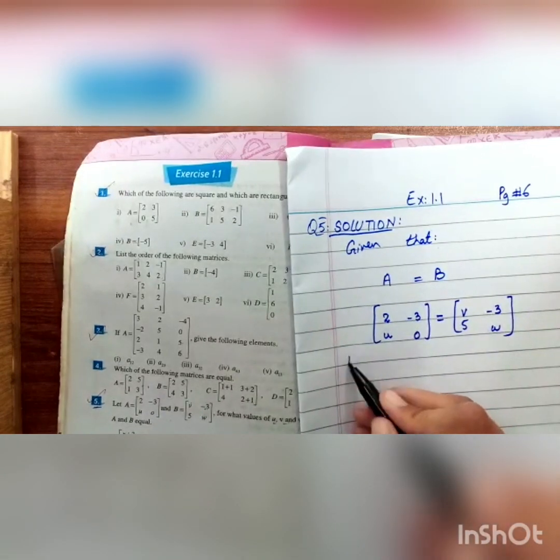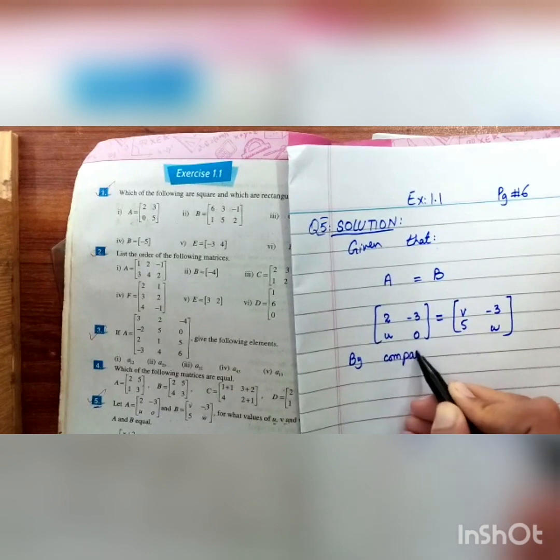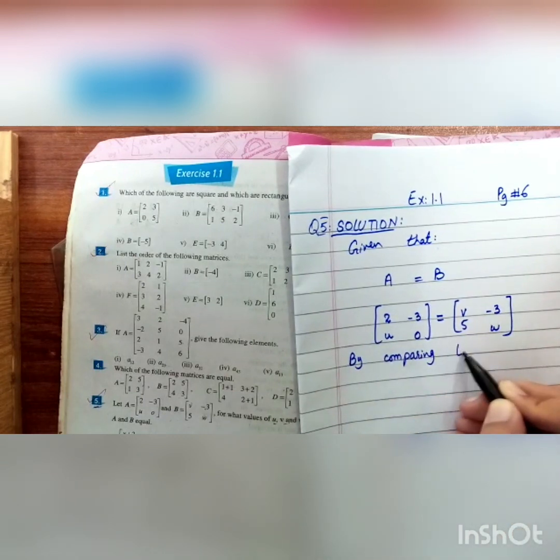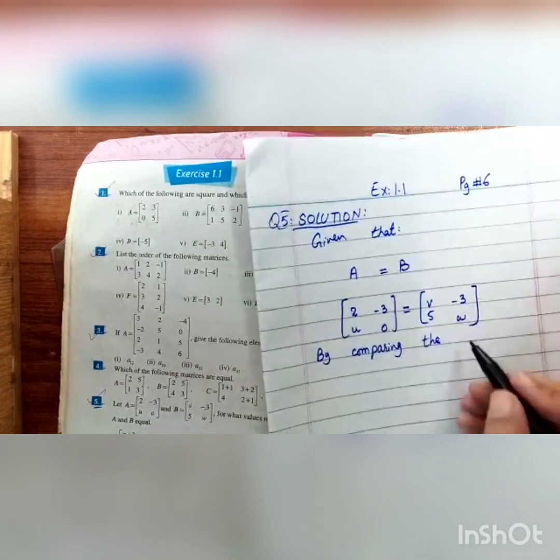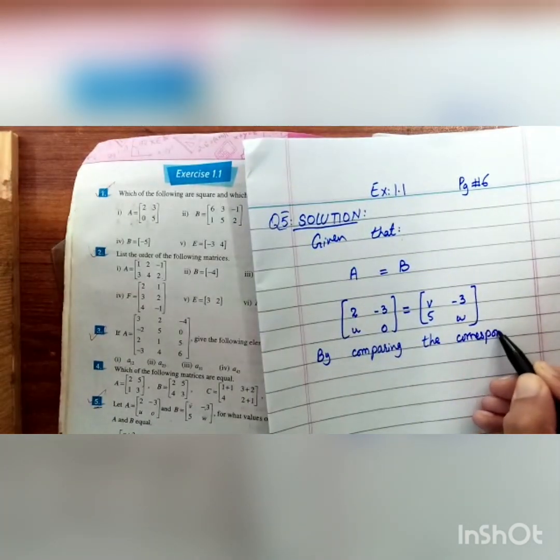So by comparing the corresponding elements, when two matrices are equal, then we can compare their corresponding elements.